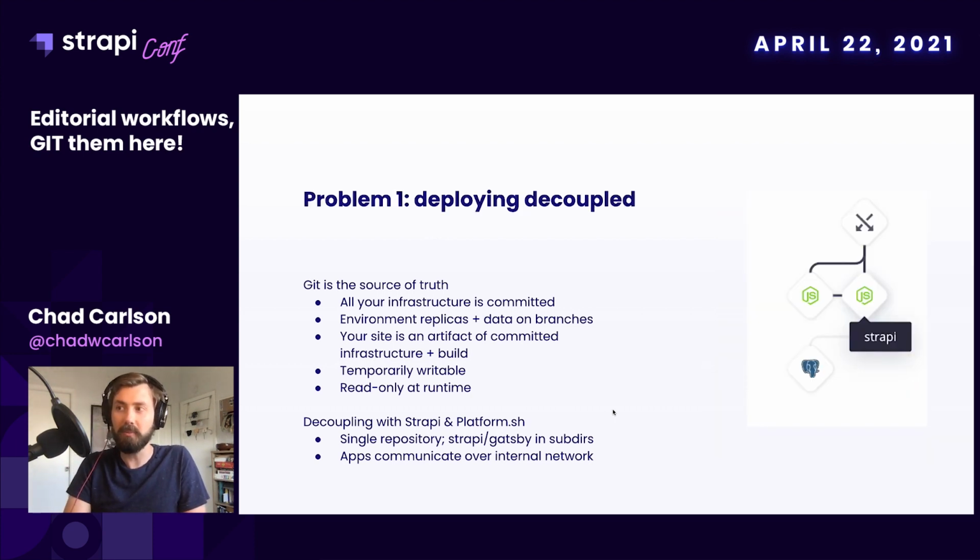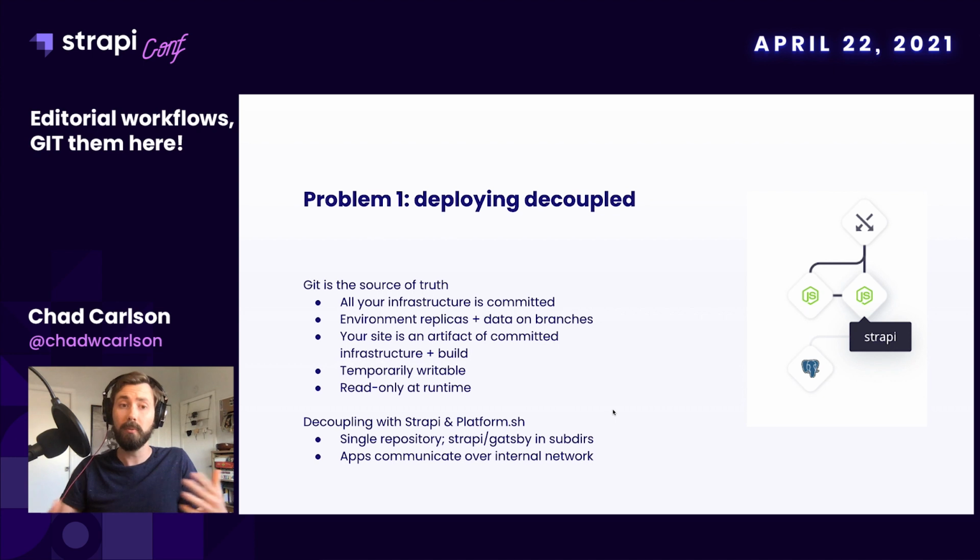The interesting thing that we can also do on Platform that's going to come into how we accomplish decoupling in the first place and then allow us to communicate between the 2 applications is that we can define an internal network for our project. So we can have a single repository with subdirectories for each of the apps that we're going to continue to develop. So we can have Strapi in a subdirectory and say Gatsby for the front end on another subdirectory.